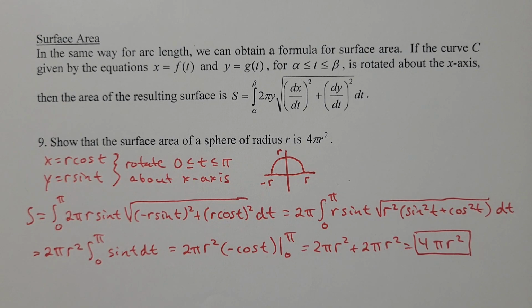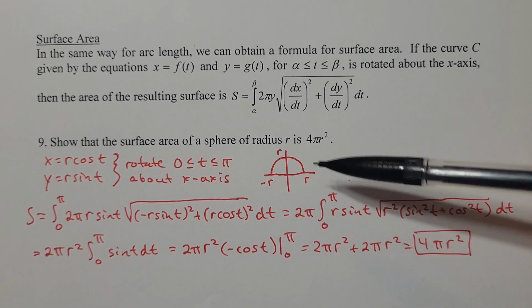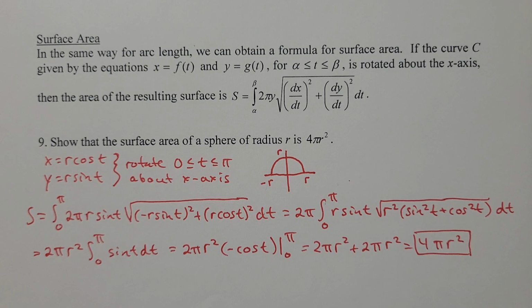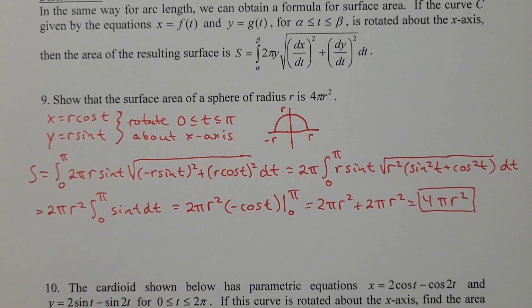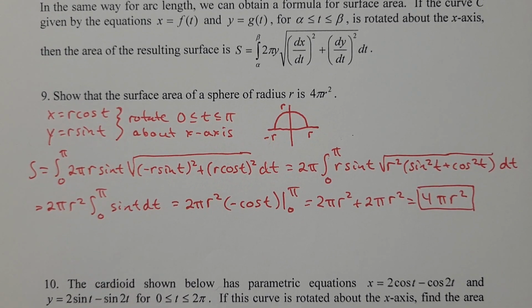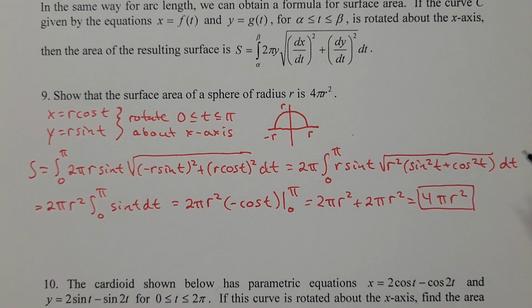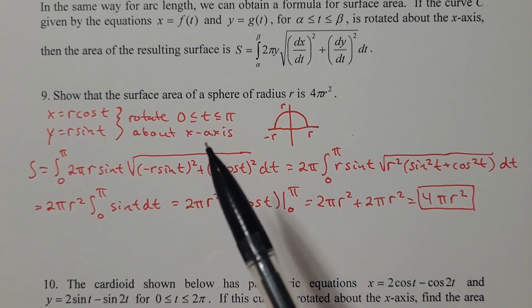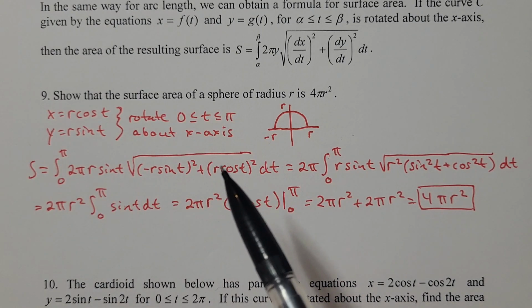Okay, and now I want to rotate that about the x-axis. If I rotate that about the x-axis, I'll create a 3D object, which would be a sphere, and the surface area of the sphere is 4 pi r squared. So let's show that. Again, everything about my integral is going to be in terms of t here.